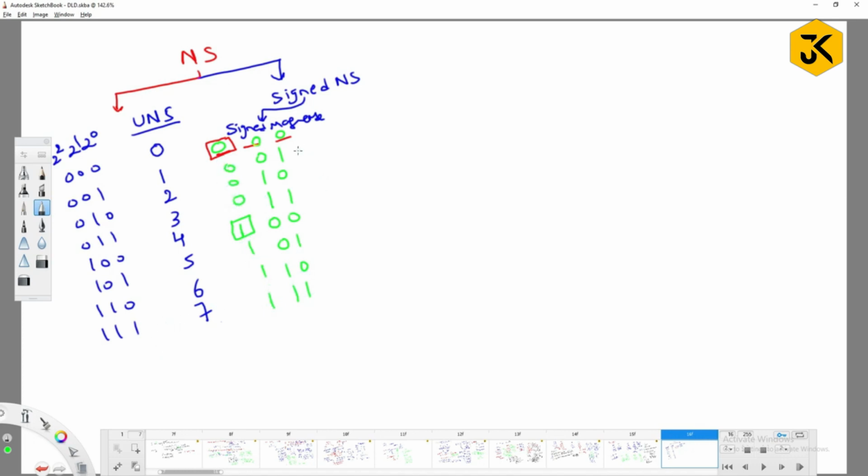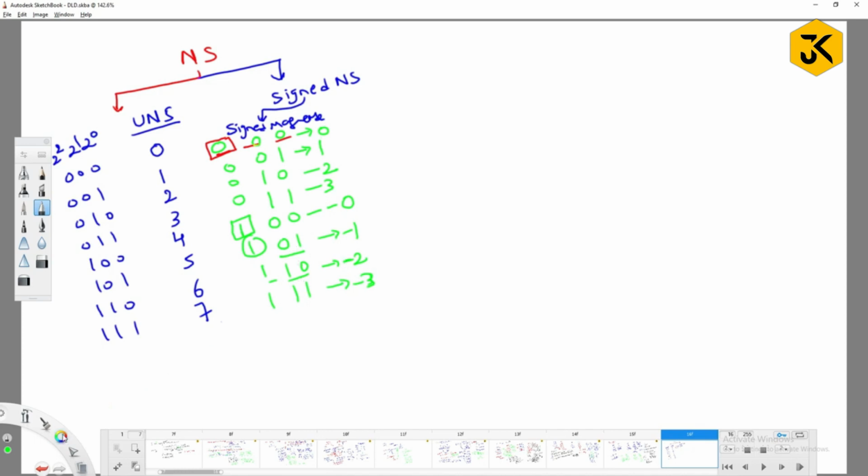Then what is this value? This value is 0, 1, 2, 3, with minus. So minus 0, minus 1. I hope you understood, right? This value is 1, this represents minus 1. This value is 2, this represents minus 2. Value is 3, represents minus 3.